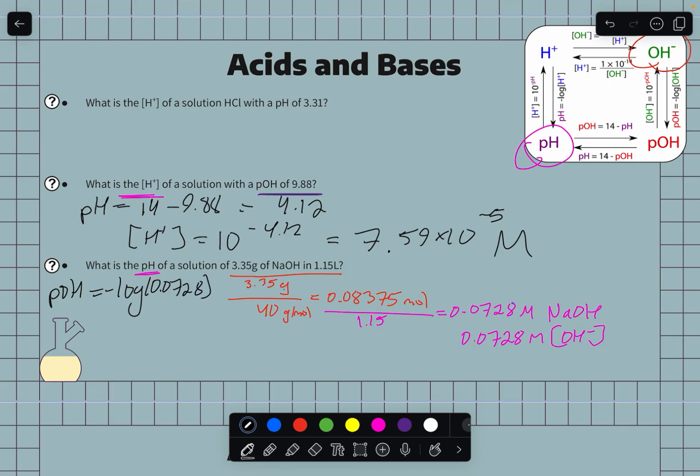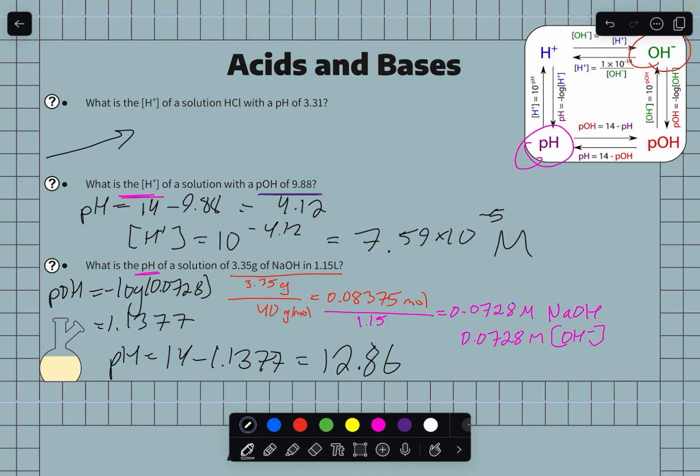Negative log of my molarity in my calculator gives me 1.1377. Then my pH equals 14 minus my pOH. 14 minus that gives me 12.86. Okay, and pH does not have any units.